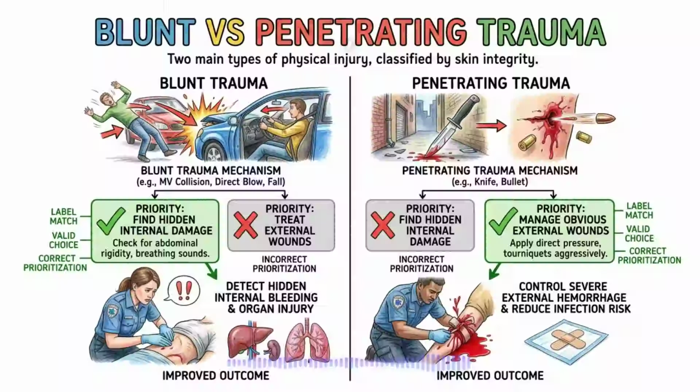Trauma is generally divided into two main categories, which are blunt trauma and penetrating trauma. Blunt trauma occurs when a forceful impact strikes the body without breaking the skin, such as a baseball bat to the ribs or a steering wheel to the chest, which often causes massive internal bleeding.